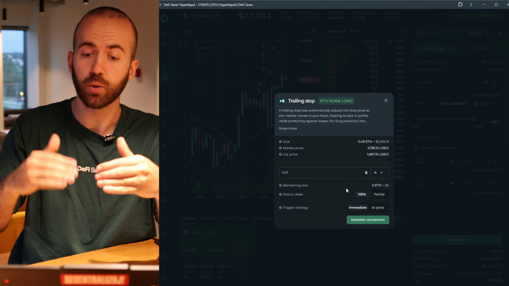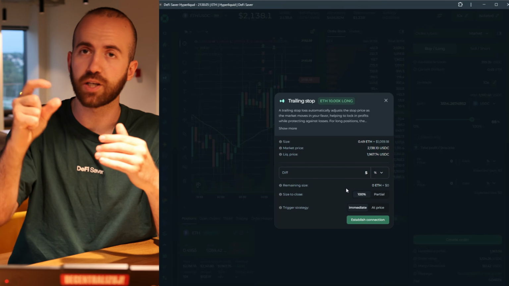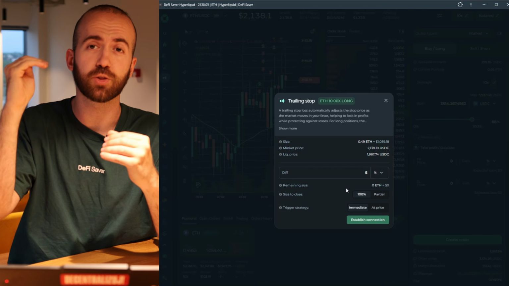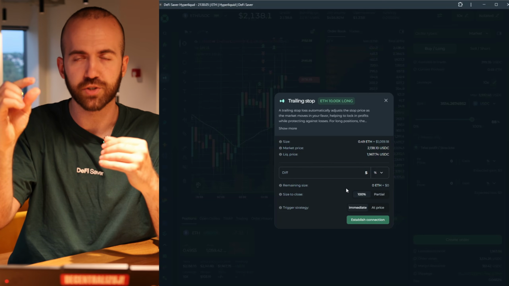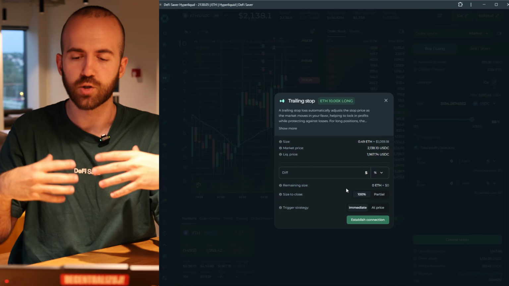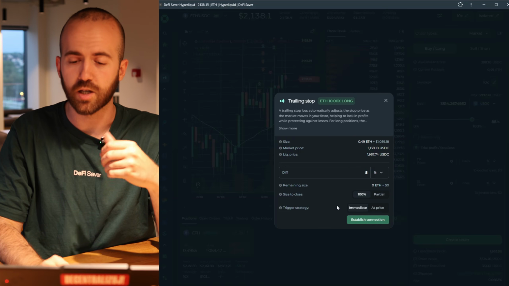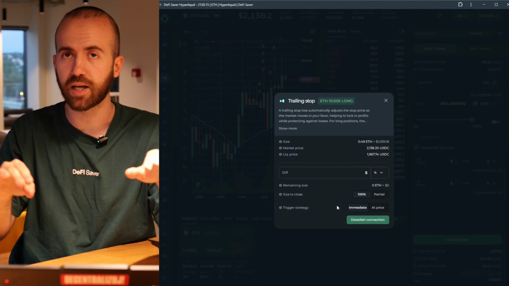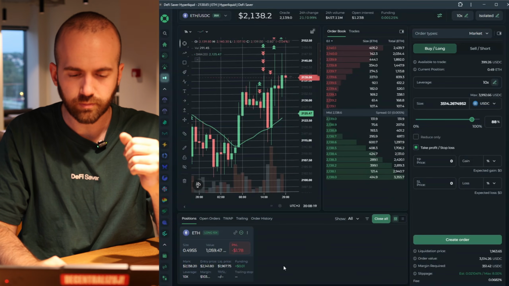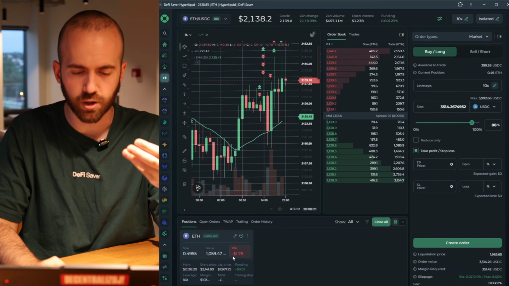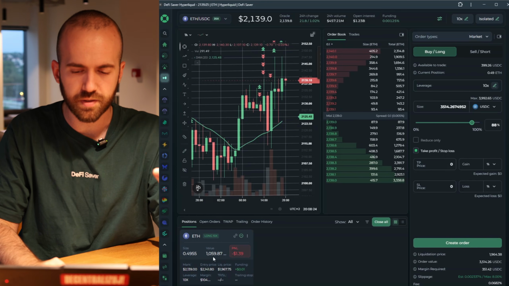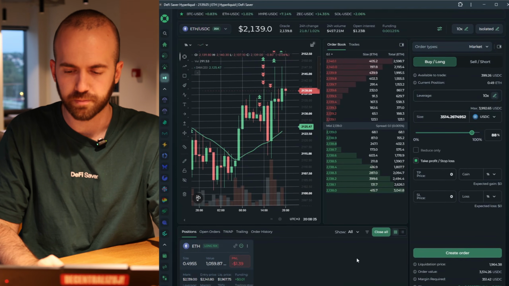So what if it keeps going? It never falls more than 5%. Even after 2,200, it reaches 2,300, and then it falls by 5%, and then my position is closed. So I've earned more than just a stop loss, or rather a take profit that's going to close it at a flat price. And of course, here we can see our P&L and all the basic information about our position.